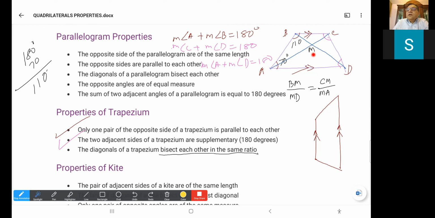You get the idea? So that is the same ratio. Is that okay? Okay, sir. That's what it means. So these are the properties: the diagonals of a trapezium bisect each other in the same ratio.